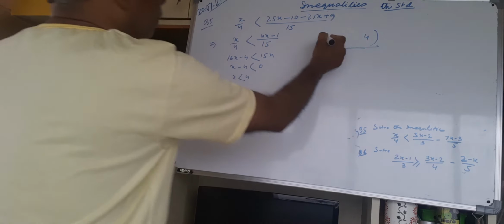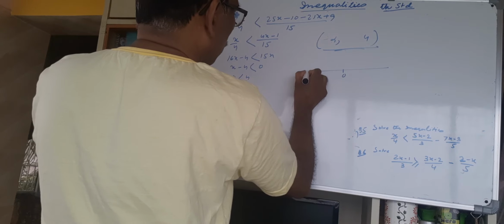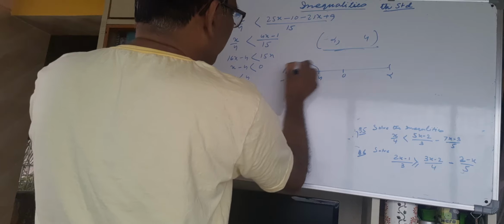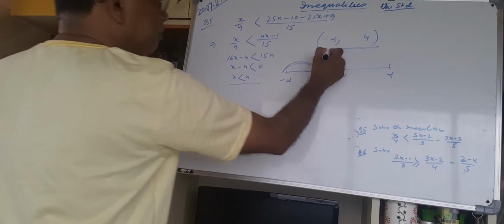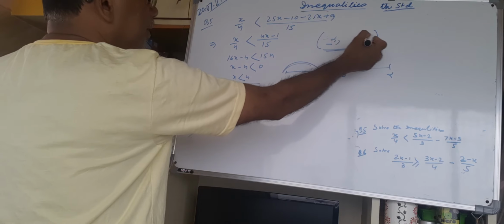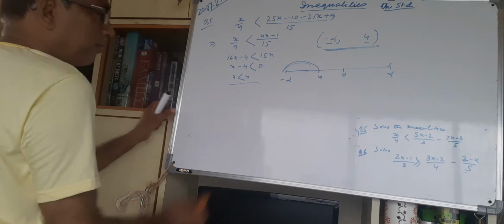This is the solution, minus infinity to 4. This is 0, this is 4, and here is minus infinity, here is infinity. Within this range, x will be situated. As it is less than, 4 should not be included, that is x less than 4, on number line we can write.